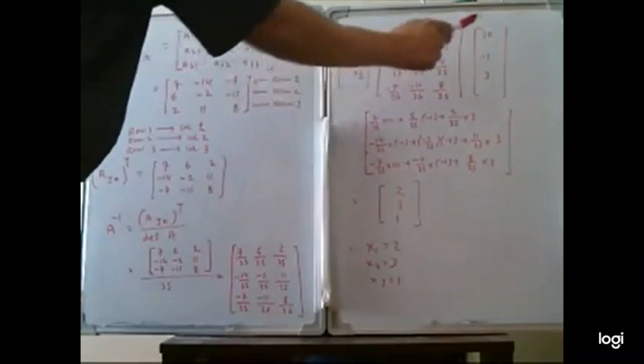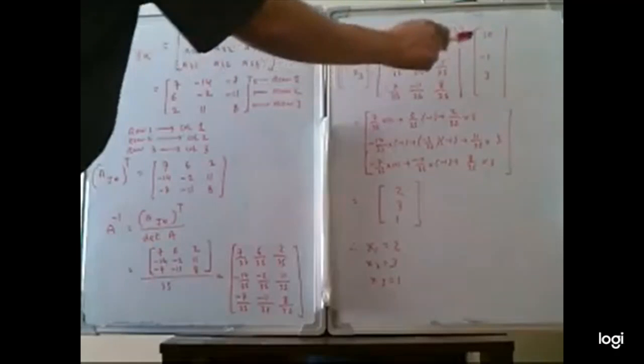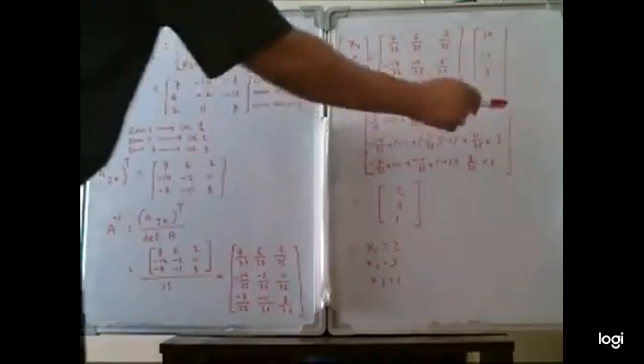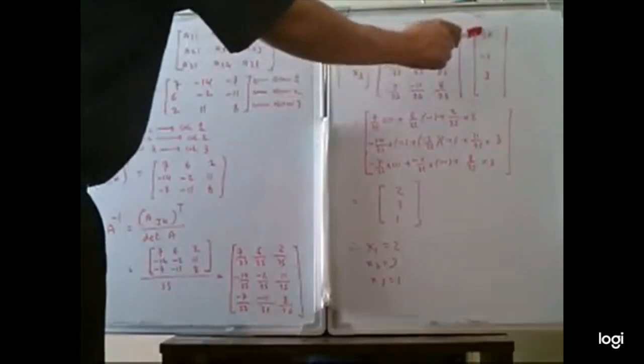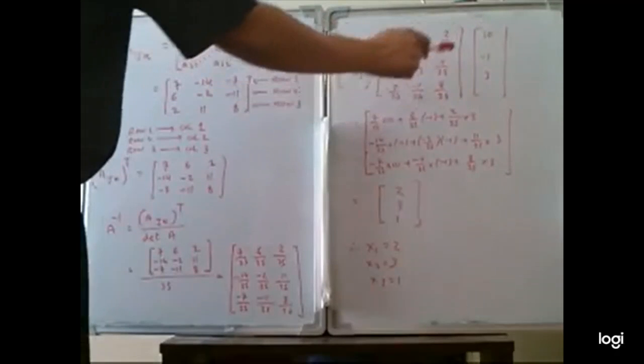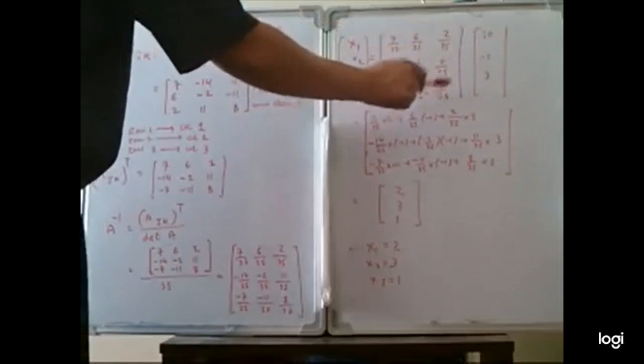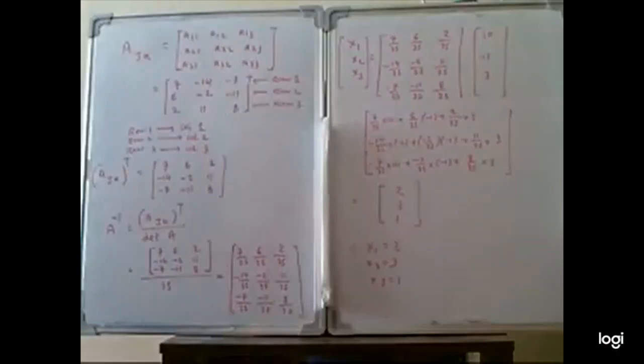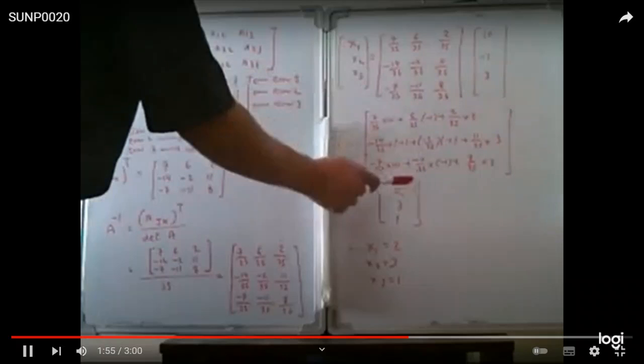Minus 40 by 35 multiply 10, minus 2 by 35 multiply minus 1, 11 by 35 multiply 3, and add together. Minus 7 by 35 multiply 10, minus 11 by 35 multiply minus 1, 8 by 35 multiply 3, and add. So the final answer will be 2, 3, and 1. Therefore h1 is 2, h2 is 3.